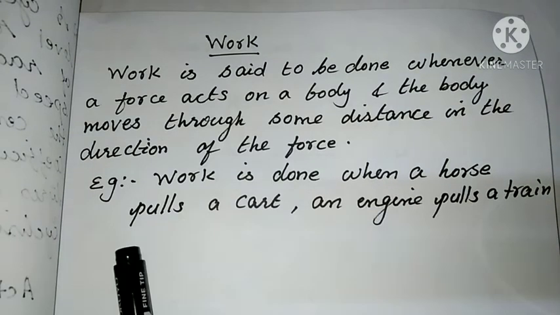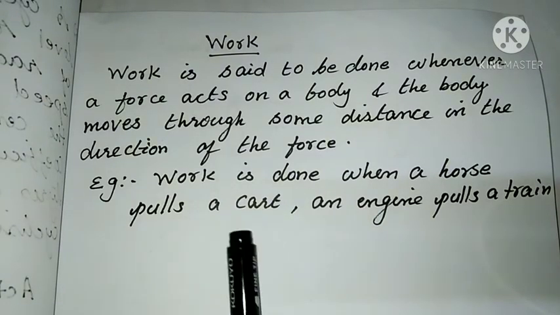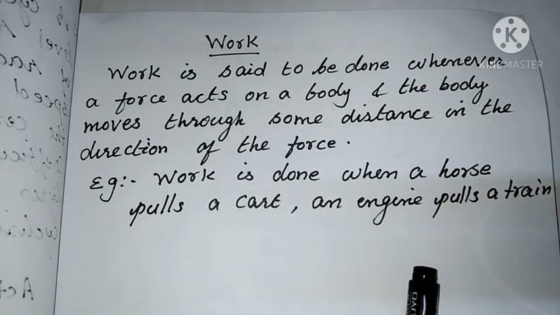Examples of work done: work is done when a horse pulls a cart, an engine pulls a train, etc. In this chapter, we want to study the work done when a constant force acts on a body, and when a variable force acts on a body.